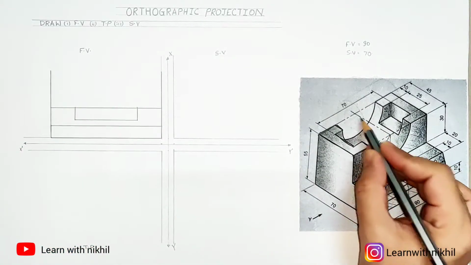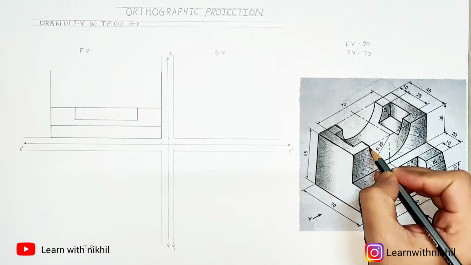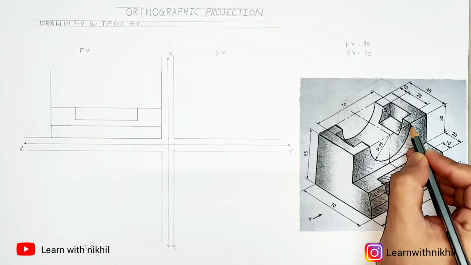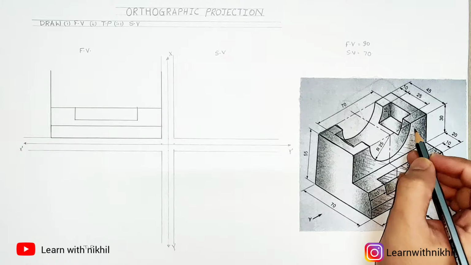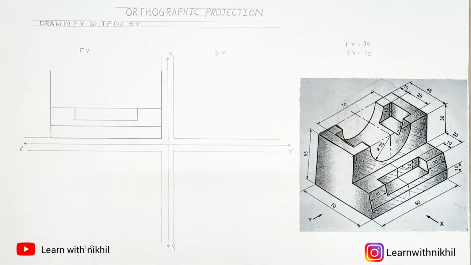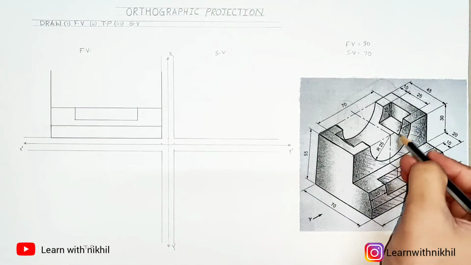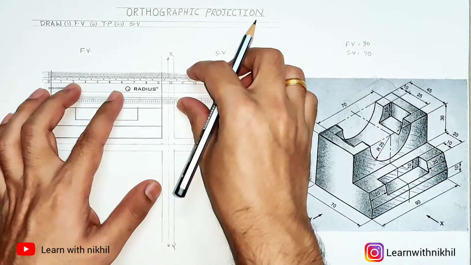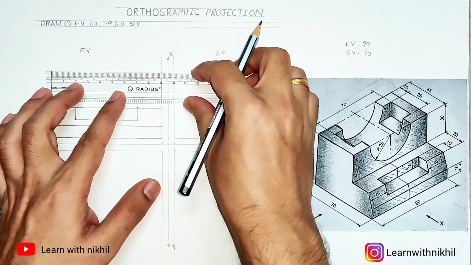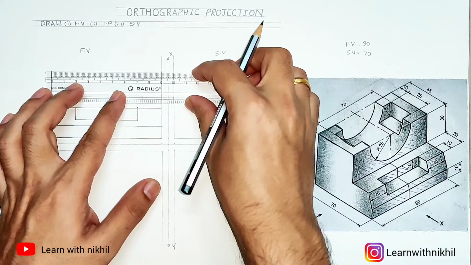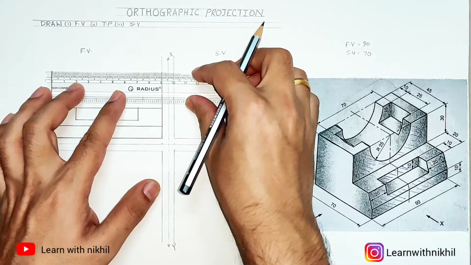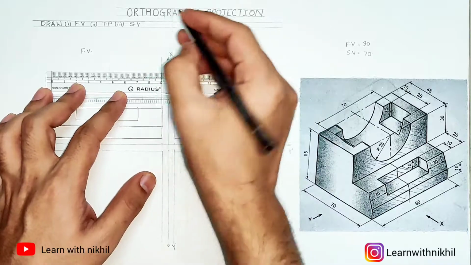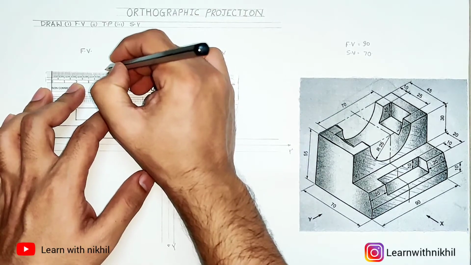Now from this point, that is the center point, we have a semicircle with radius as 25 millimeter. So we'll mark a center point, that is half of 90 millimeter, that is the total width of the front view. So at 45 millimeter we will mark a point that will be the center.